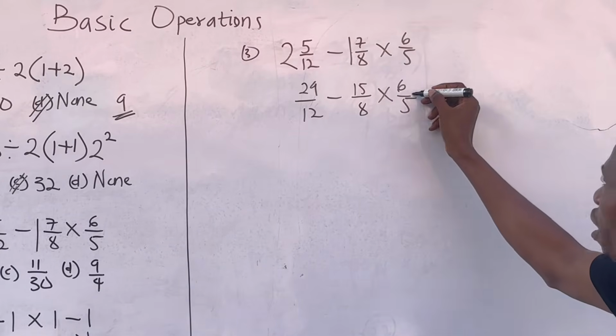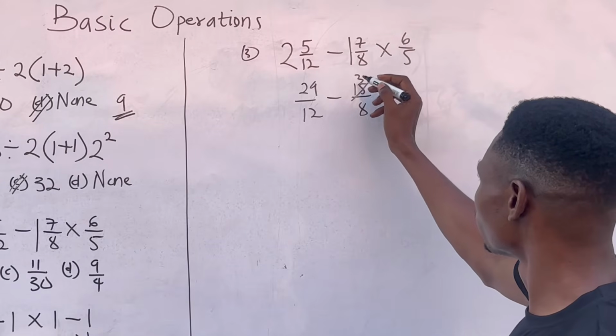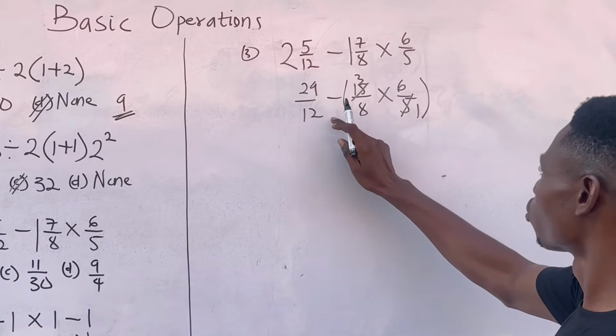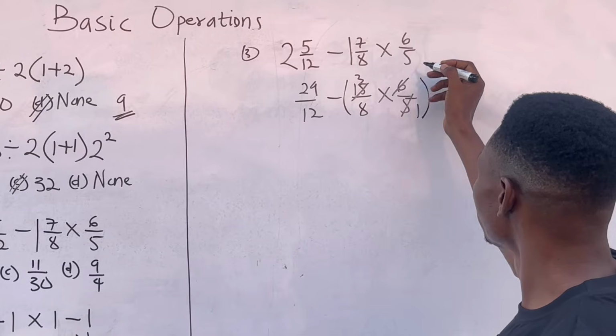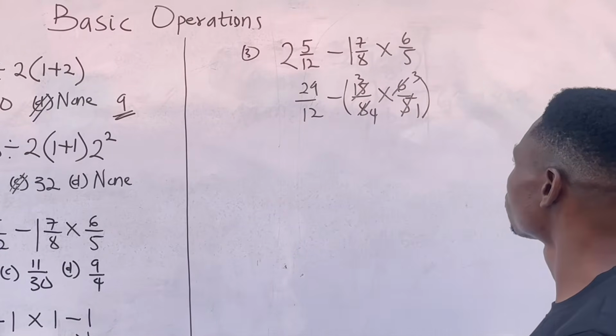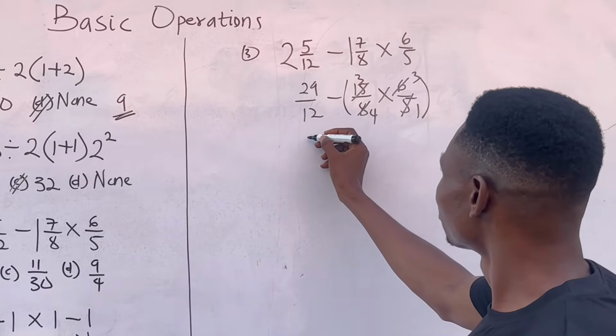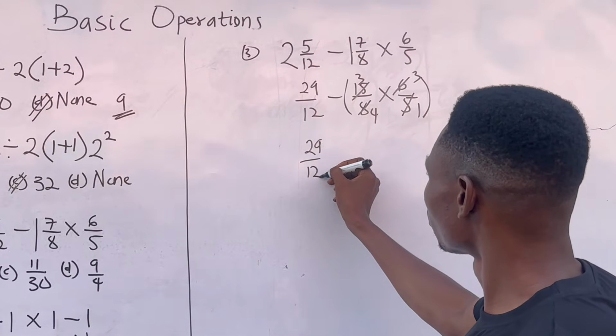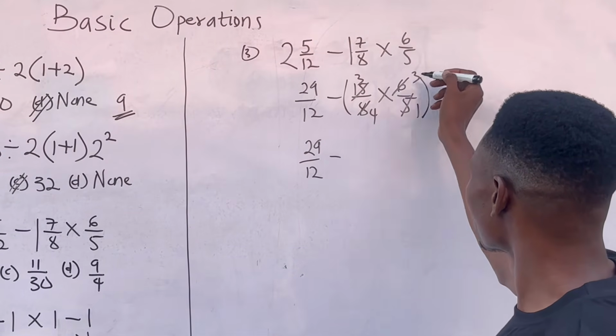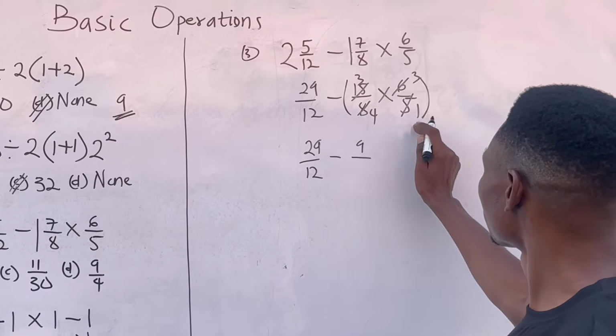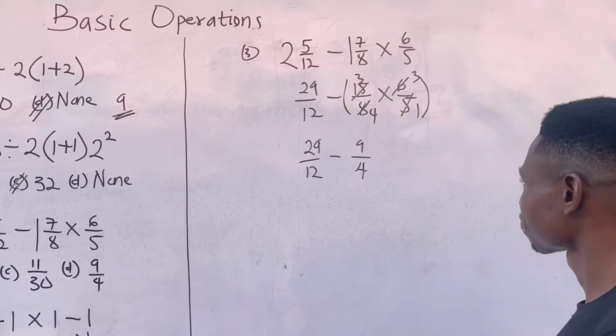Okay, so 5 here 1, 5 here 3, because we're doing this multiplication first before we subtract. So 2 in 6 is 3, 2 in 8 is 4. So this leaves us with 29/12 minus 3 multiplied by 3, that's 9/4.